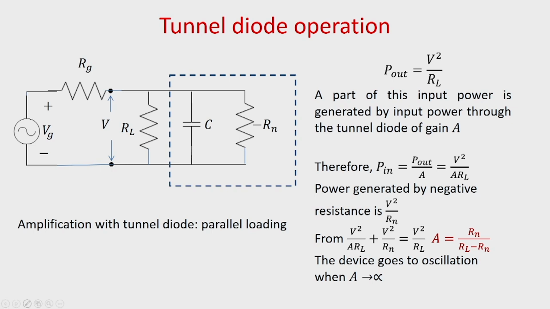So, in brief, we have seen the operation of a tunnel diode, how it provides a negative resistance region, and how this negative resistance region can be utilized for amplification or for certain load conditions.